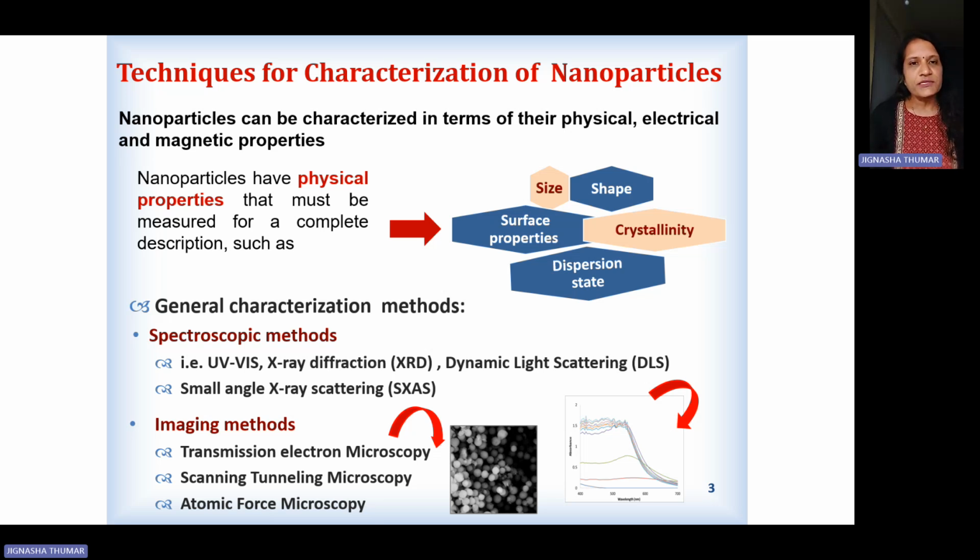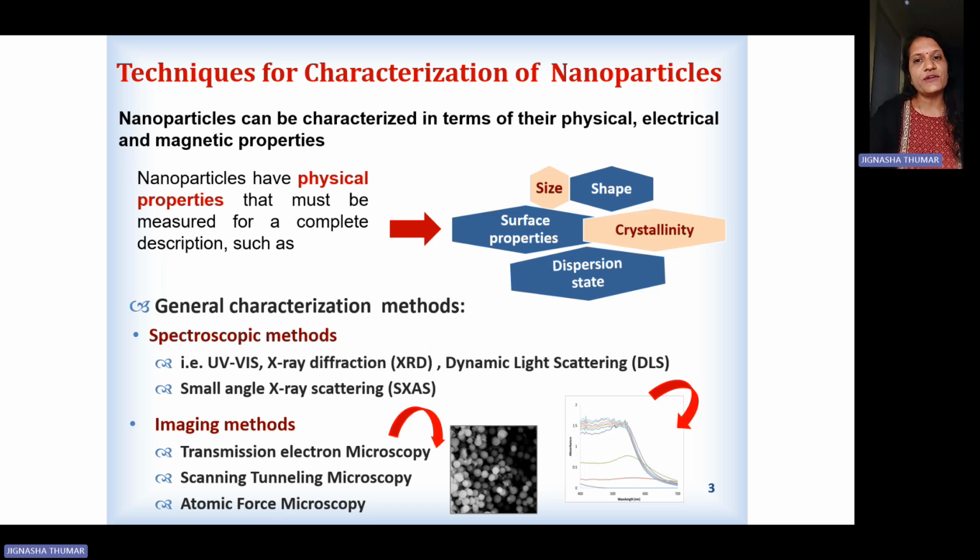In addition, we have imaging methods like transmission electron microscopy, scanning tunneling microscopy, and atomic force microscopy. Atomic force microscopy is actually the one with the help of which nanomaterial was observed for the first time. So these are various methods.